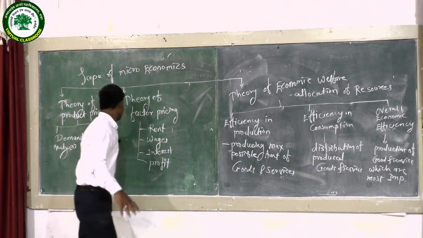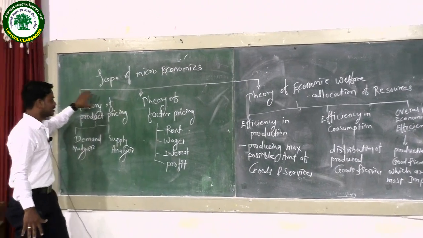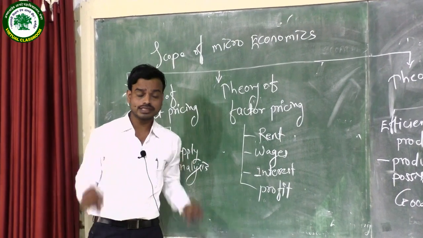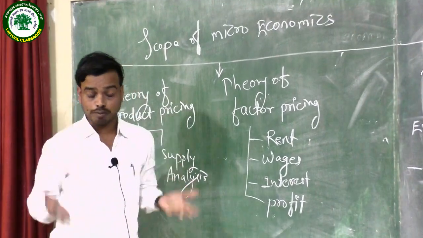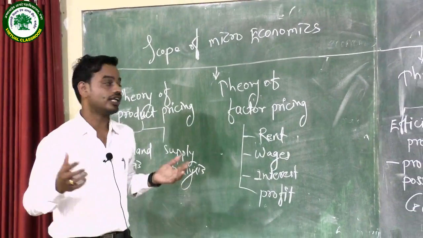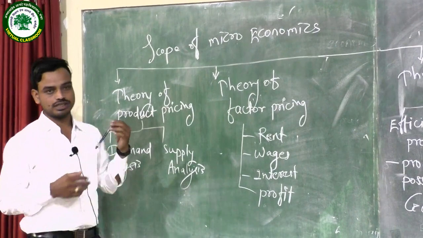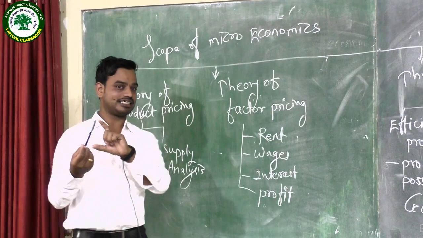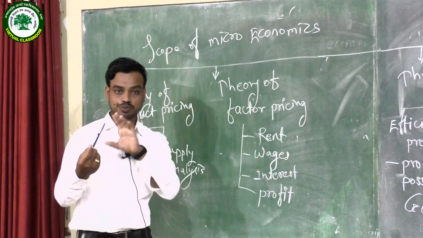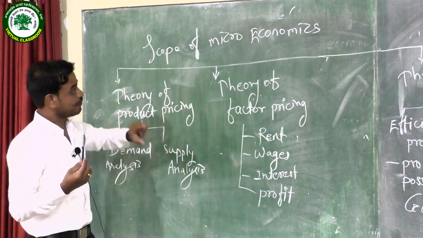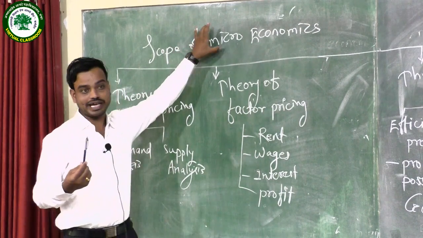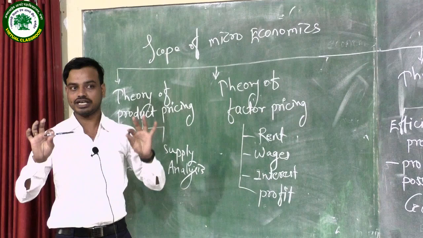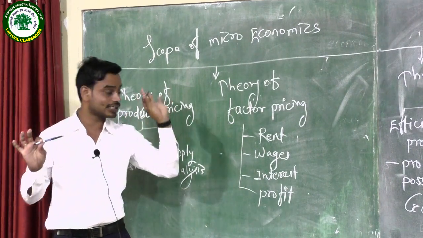Now I am going to teach you the first point, theory of product pricing. Remember one thing, in the society there are a lot of commodities, a lot of articles. If I want to produce that article, then microeconomics is the study of small parts. Like this pen, if we consider all its parts, these are the small parts.